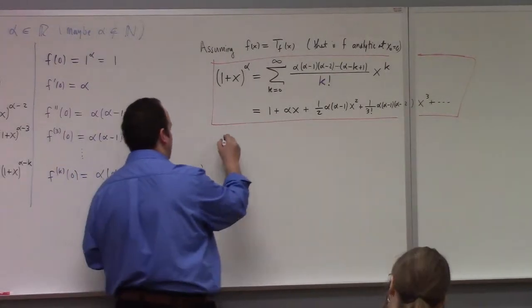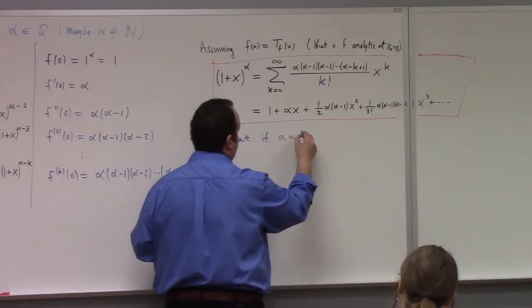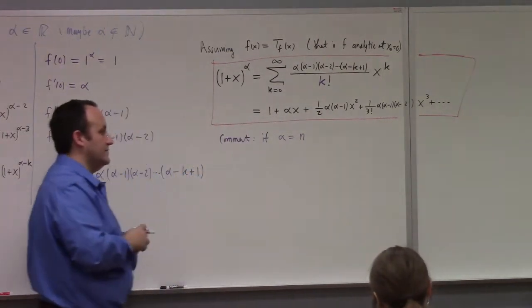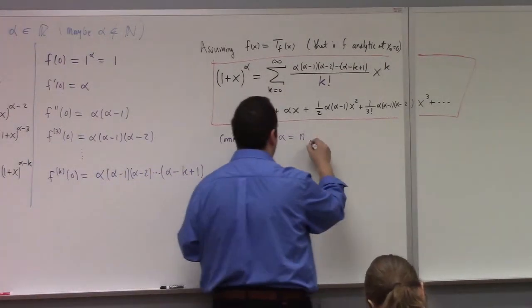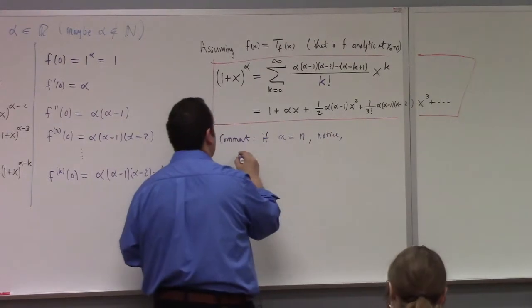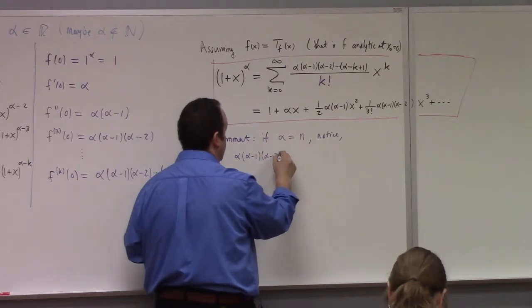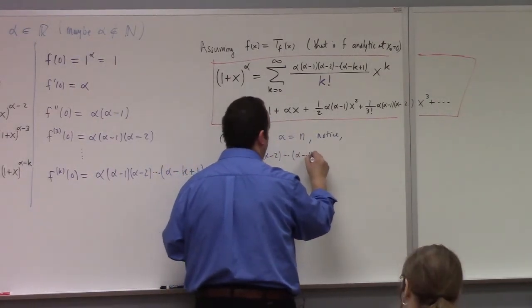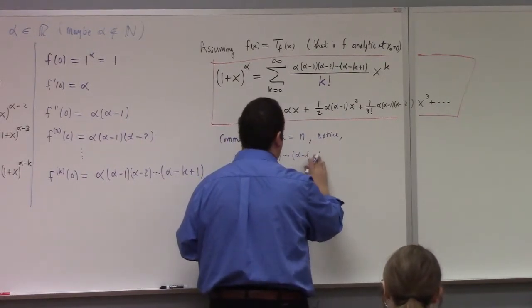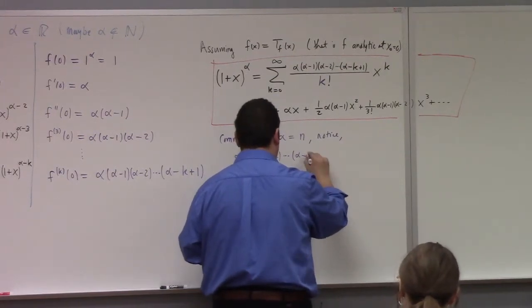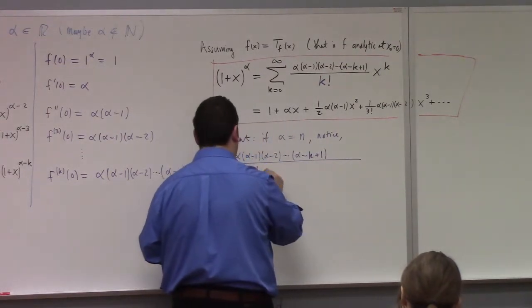So, a comment. If alpha equals n, and n is a natural number, notice alpha times alpha minus 1, alpha minus 2, dot dot dot, alpha minus k plus 1, divided by k factorial.